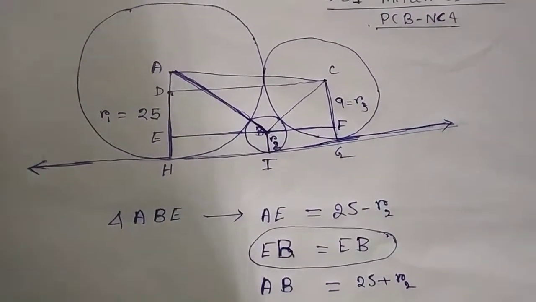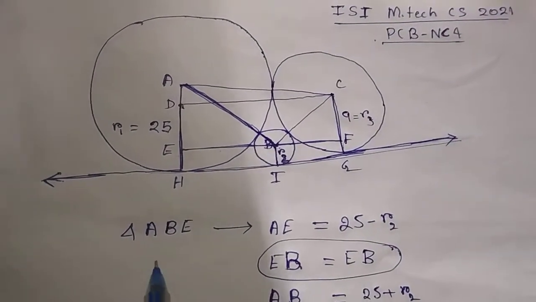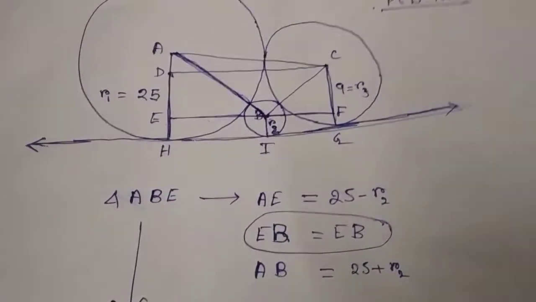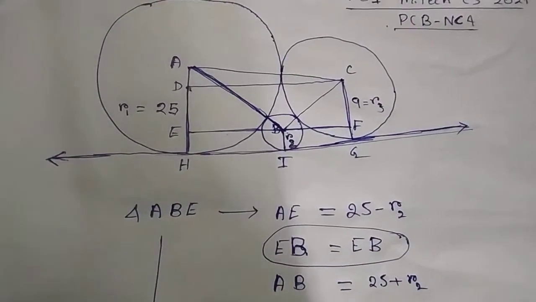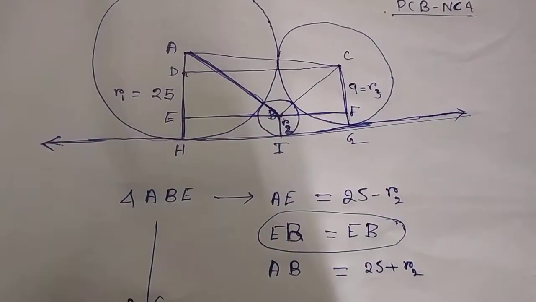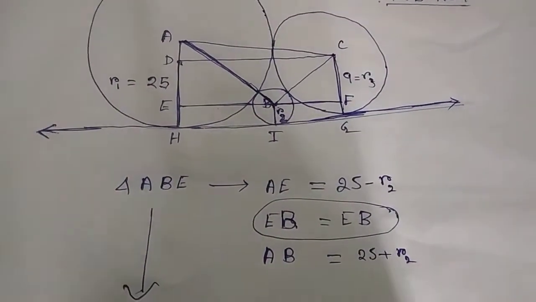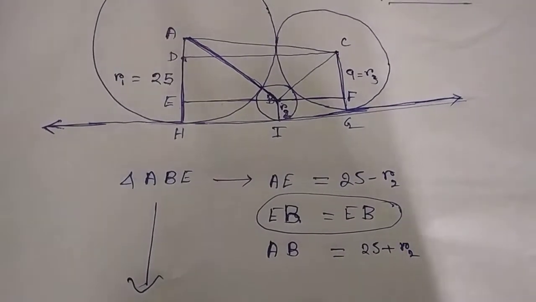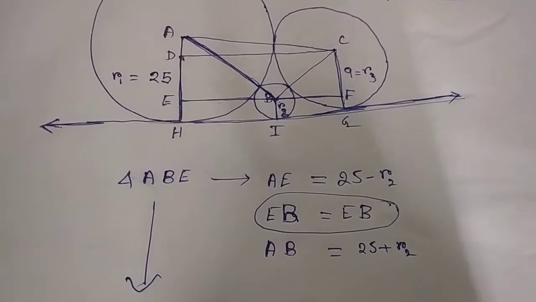From Pythagoras theorem in the triangle ABE, you can see that AB square equals AE square plus EB square.